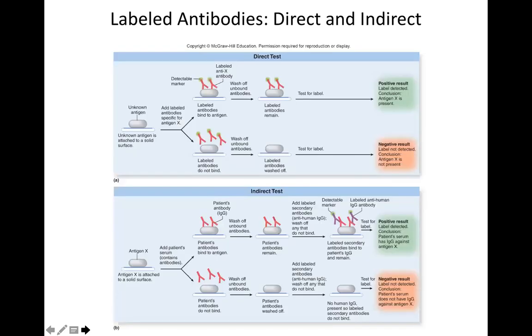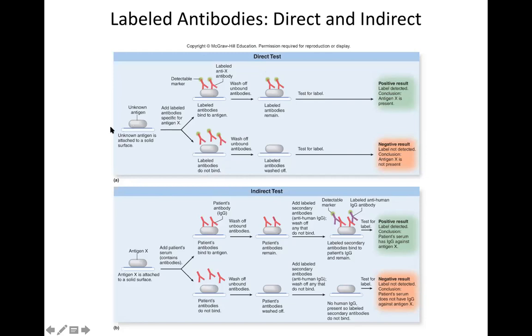So for any confusion that you may be experiencing, this is kind of the basic premise of all these immunoassays. You can do a direct test, you can do an indirect test, but notice either way the labeled antibodies.